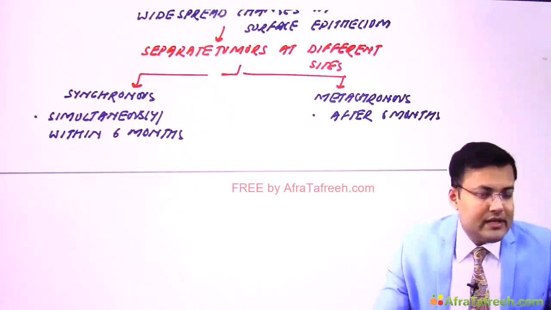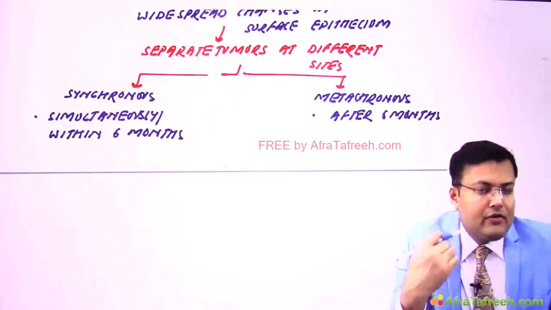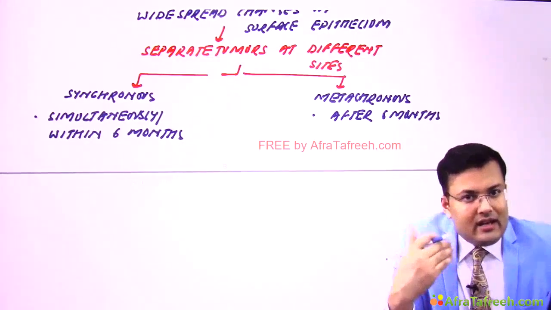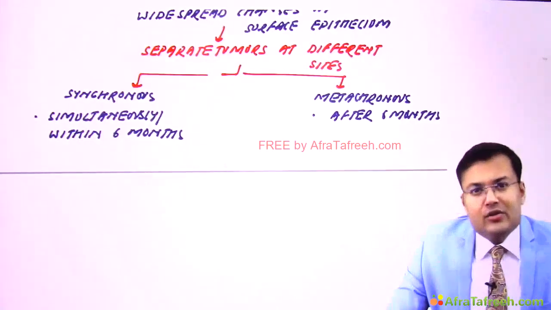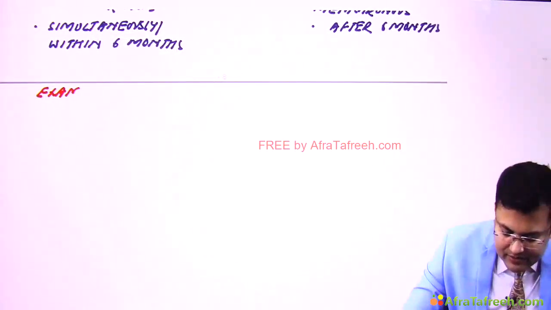Now, a classical example: tobacco or alcohol for the aerodigestive tract increases the risk of malignancy in the aerodigestive tract. And second, we discussed smoking for the genitourinary tract. So what are the examples of field cancerization?